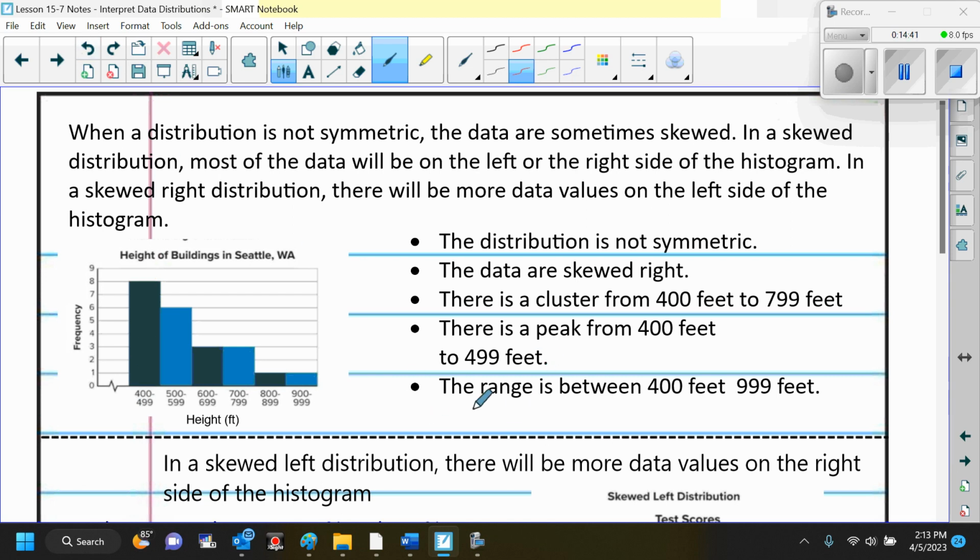And the range is between 99, the highest number is 99, and the lowest number is 400. So the range would be 599 feet. So the spread is 599. Okay, that's how we are describing the distribution.